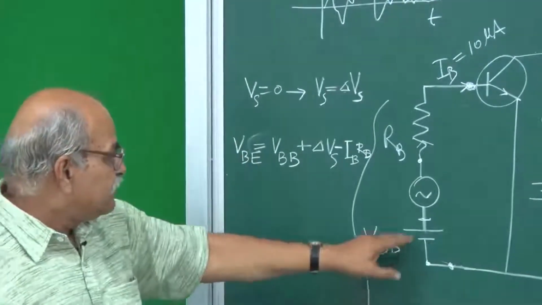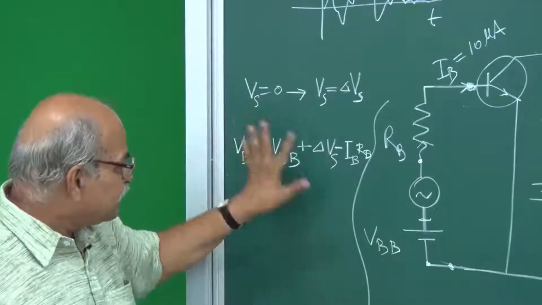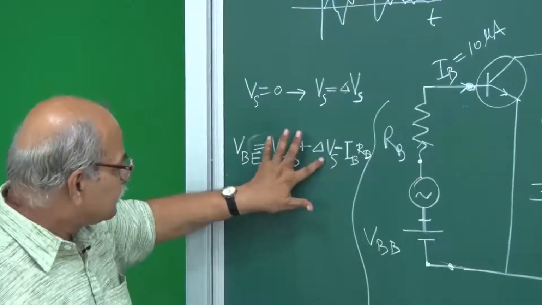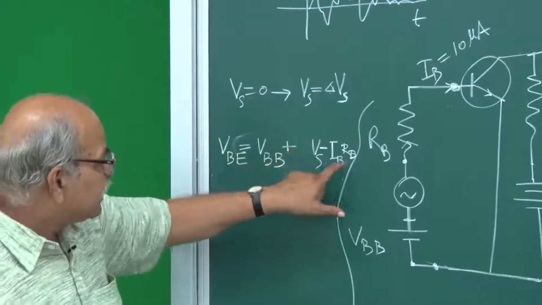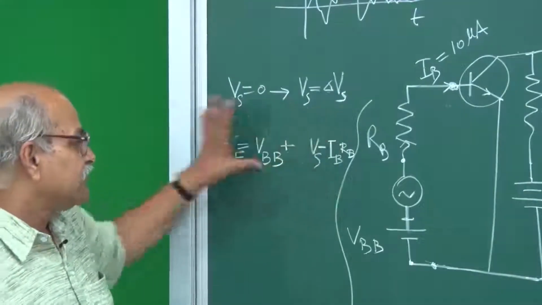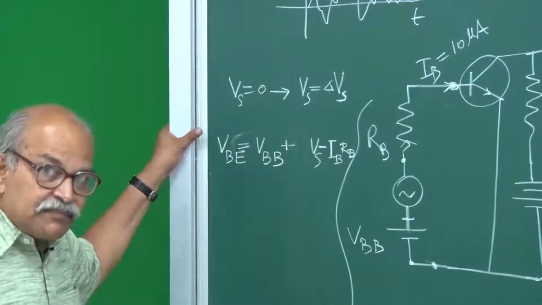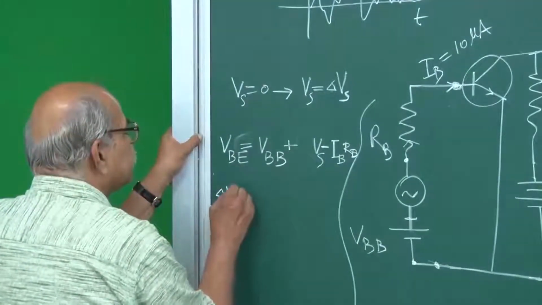So VBE is this VBB and then plus this delta Vs, or let me write it Vs, for a general time, plus Vs and minus IBRB. This is at some time t. And then at t plus delta t, what happens? So this VBE changes.